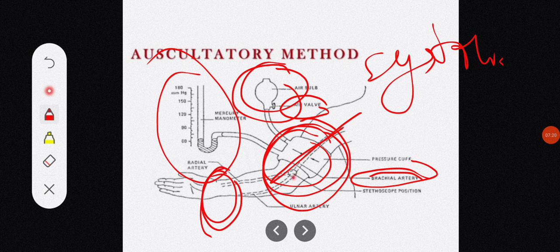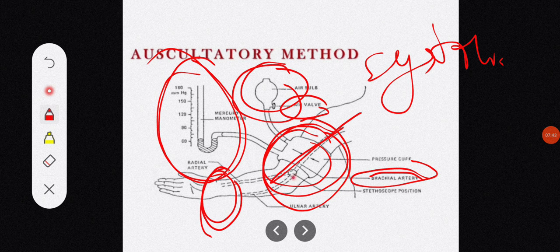Now if you keep on deflating the pressure cuff, the sound will begin to disappear, and the pressure on the mercury manometer at which the sound begins to disappear, gets faded, or the heart sound or the arterial pulse beats cannot be distinctly heard or discriminated, that pressure is the diastolic pressure.